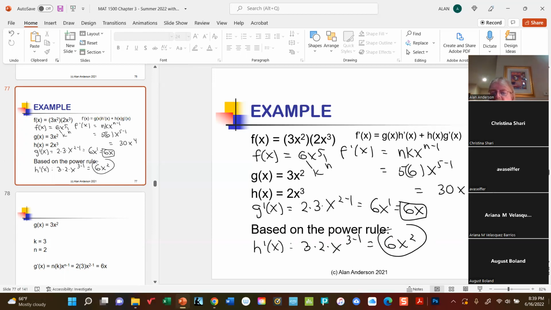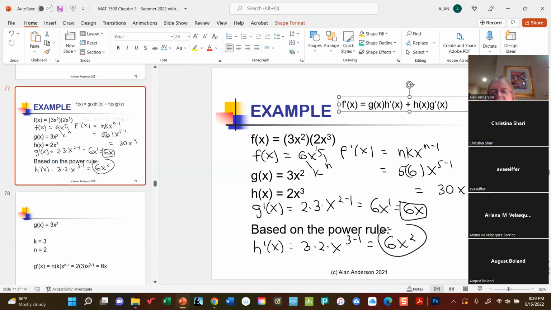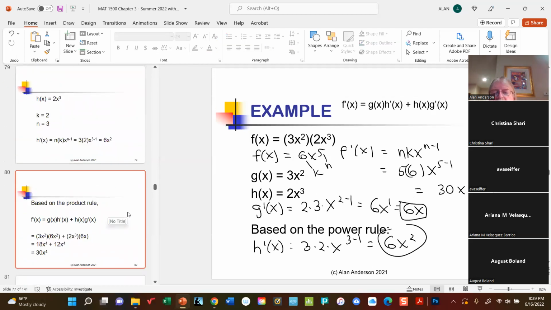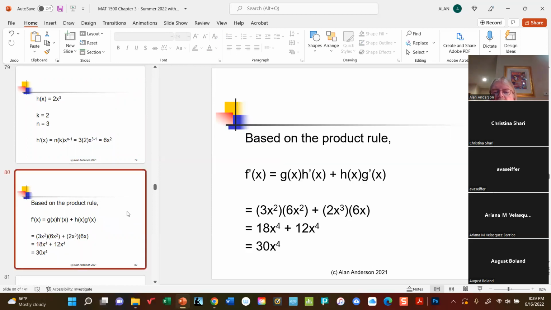And now we can just use the rule right here. You can plug in, we have all 4 terms. We have g of x, we have h of x, we have g prime of x, and we have h prime of x. We'll plug them in and then we'll multiply them out and see what we get. And you'll see it's exactly the same. So let me just quickly remind you.